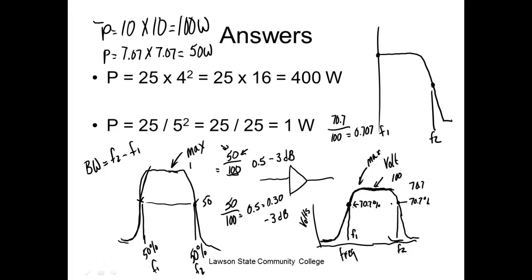Okay, take the log of that, I get a minus 0.15. Then I multiply that times 20 because it's voltage, and it comes up and says minus 3 dB.